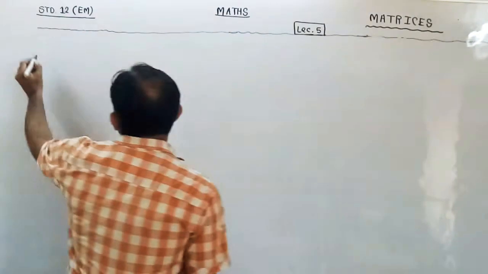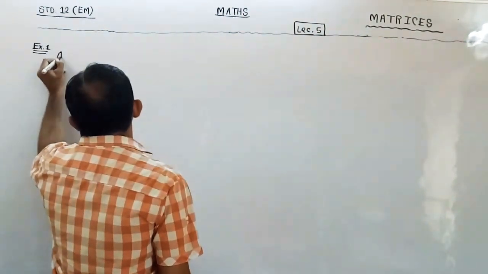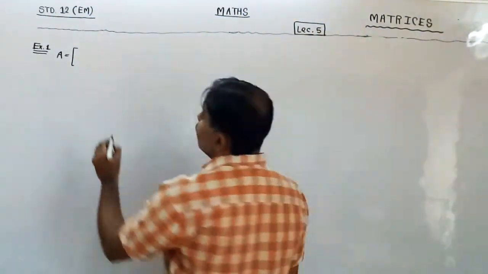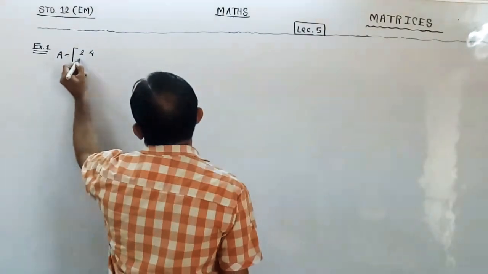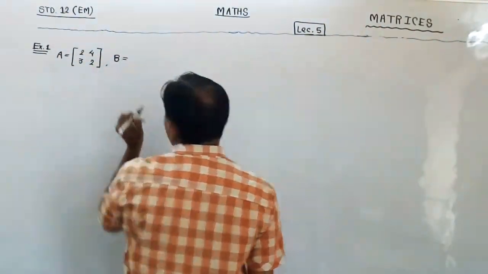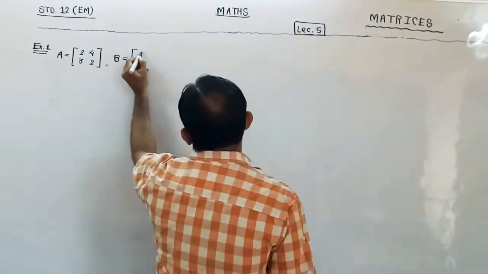Example number 1. I give the matrix A as a 2 cross 2 matrix: 2, 4, 3, 2. This is the first matrix. The second matrix is B equals 1, 3, minus 2 and 5.